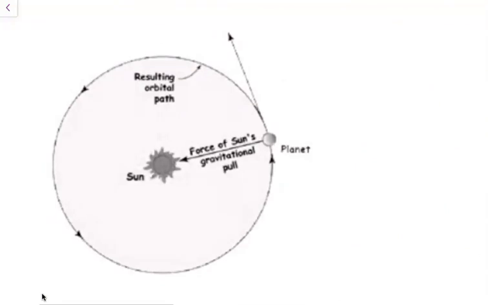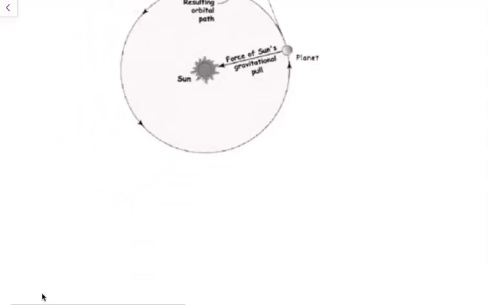Now, our last thing I want to talk about is how we identify which force is contributing to any object in orbit. In this case, a planet is being attracted to the sun. Its net force is inward. It's perpendicular to the direction of motion. The planet is moving at a constant speed. And so there we have a gravitational force as the centripetal force.